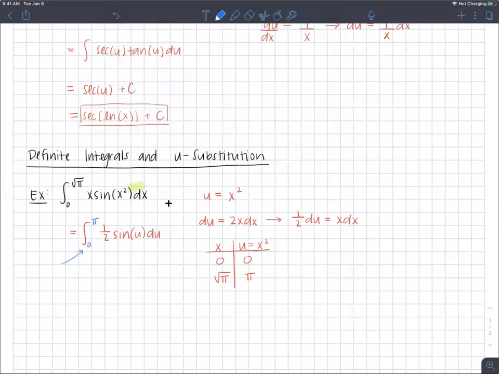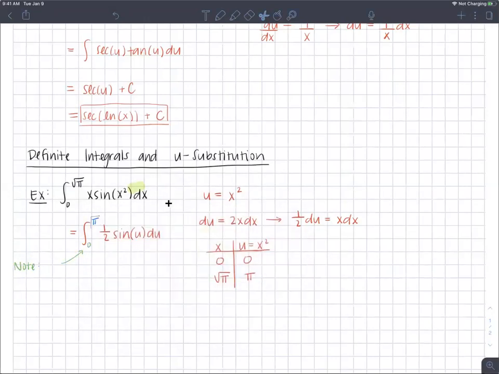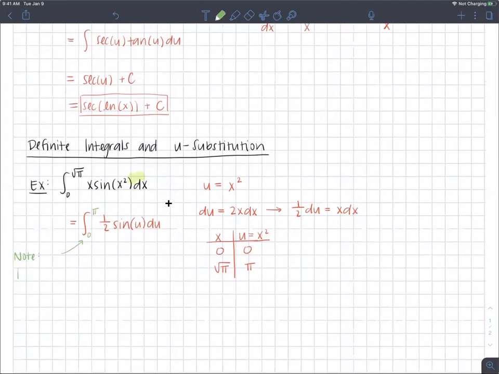And so let's make a little note. Wait, you guys said the blue is not good. So let me change that real quick. Okay, so note the limits have to match the variable of integration.